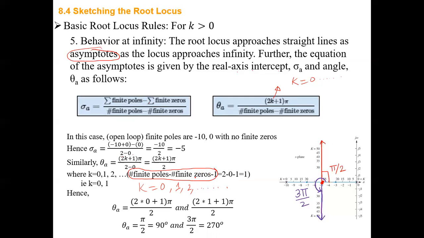In this case, what is the end point? Help me. What is the number of finite poles? 2, minus the number of finite zeros, 0, then minus 1 as in the formula. 2 minus 0 minus 1 is 1. So k ends at 1; you don't even have to go to 2. You have two k values here, 0 and 1. That's how you figure out your k.